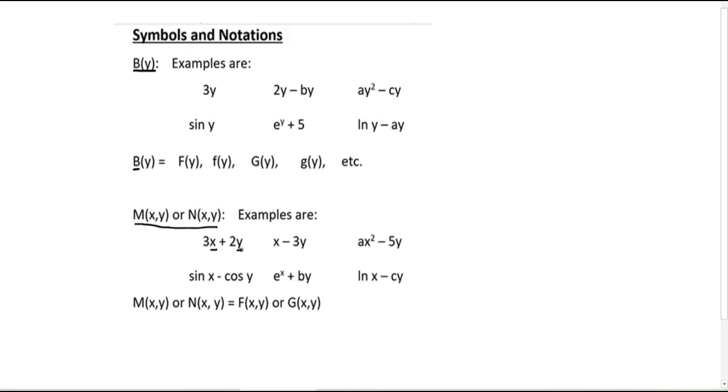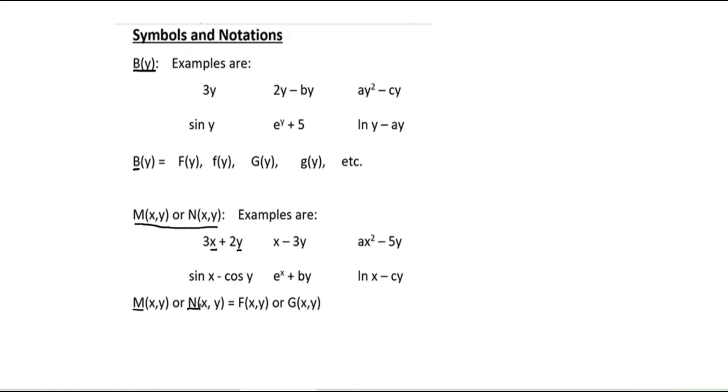The same is true in the other 5 examples. Similarly, the letters M or N in these notations can be changed to other letters, but we prefer the letters M and N in our discussion. I hope everything about the symbols and notations is clear.